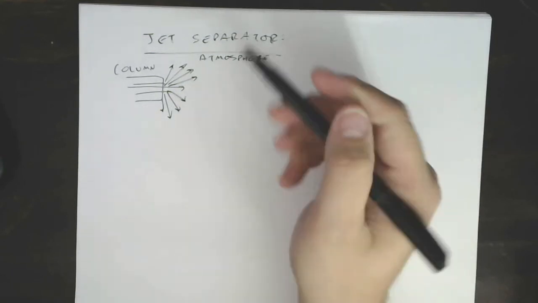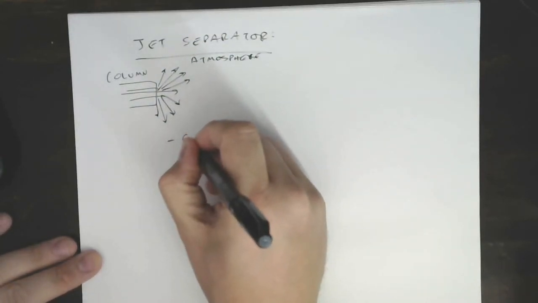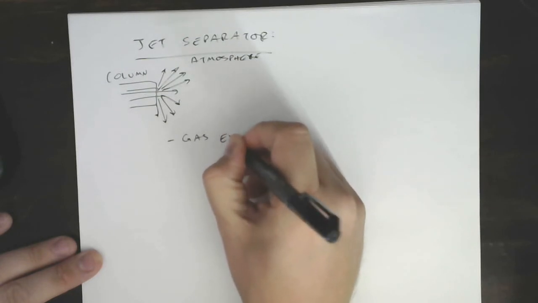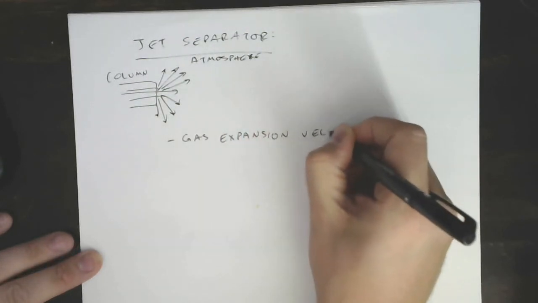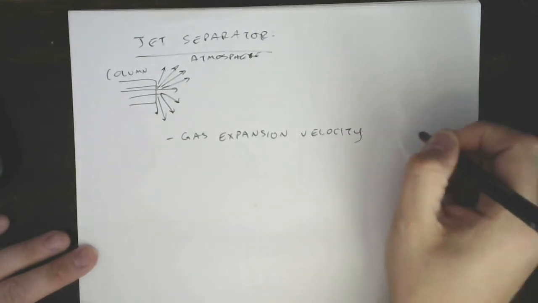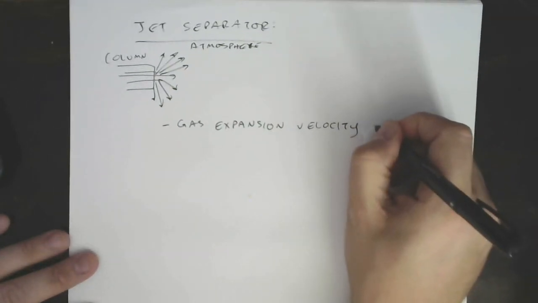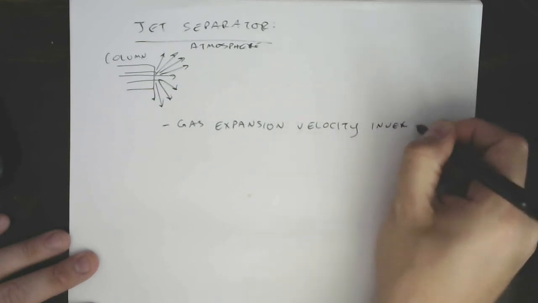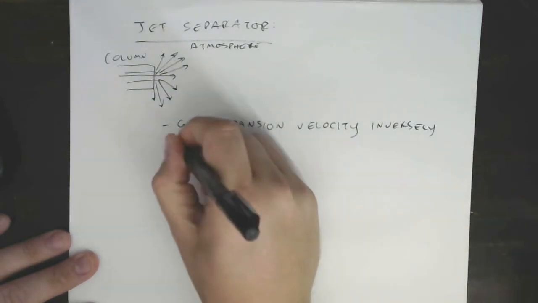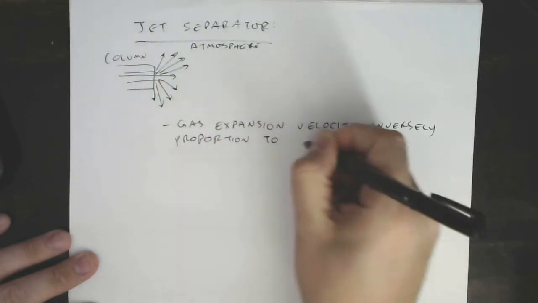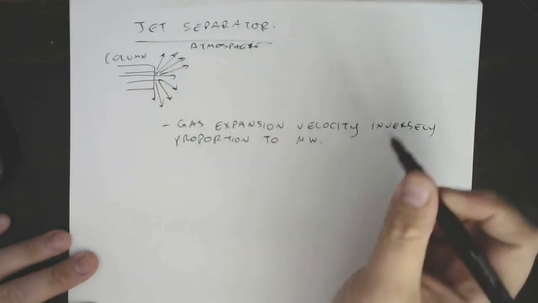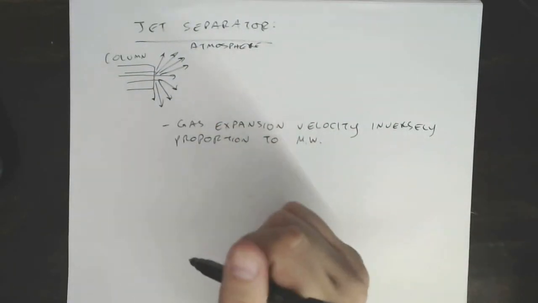But the trick is that the gas expansion velocity in a jet is inversely proportional to molecular weight. When something is lighter, it expands into this velocity much faster.